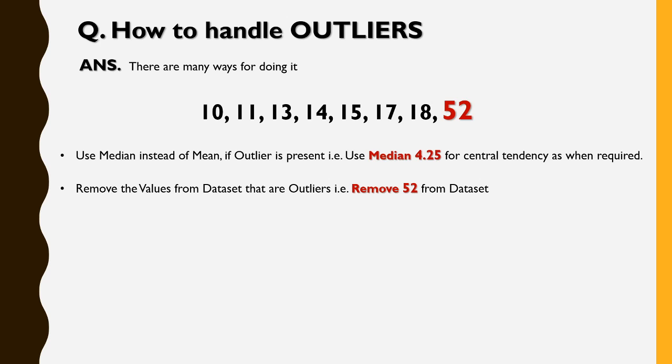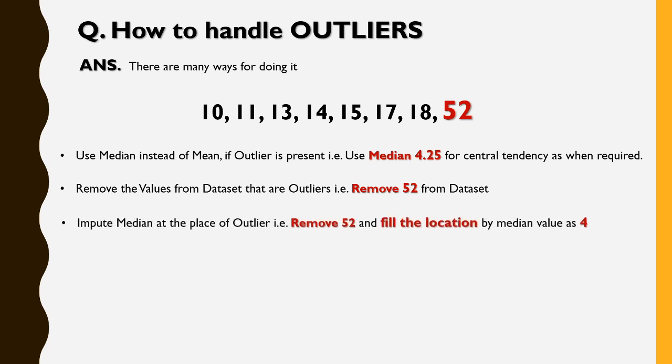So you don't need to remove it; only in very few cases do we need to do this. Try other methods first, but yes, there is a method where we can remove the values that are outliers. That is, if you want to work on this data set, remove 52 and then work on this data.